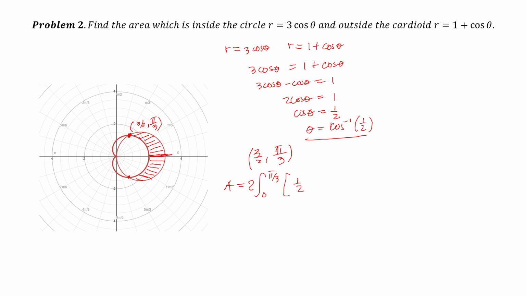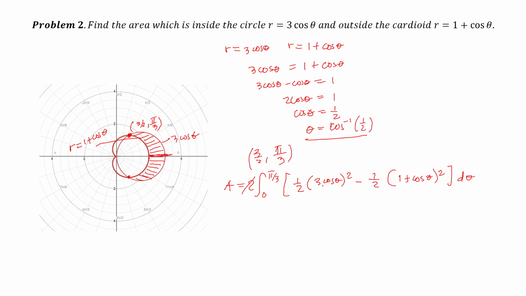The circle is the outer, 3 cos theta, and the inner one is r equal to 1 plus cos theta. So the circle is the outer, 3 cos theta squared, minus 1 half, 1 plus cosine theta squared d theta.